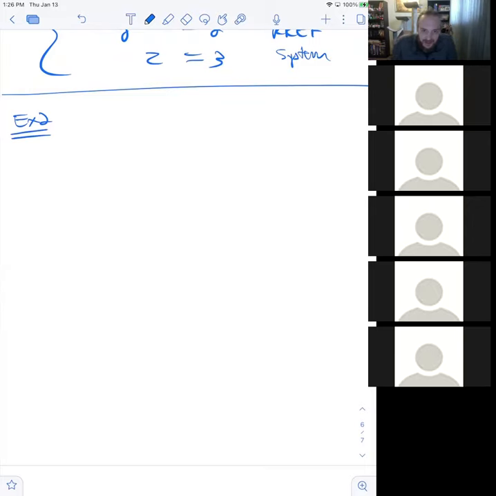And what they mean by that is they want you to put it into REF. RREF usually isn't necessary, but in row echelon form, because of back substitution, I can always tell whether there's a unique solution, no solution, or infinitely many. And that's the game that they're trying to play.